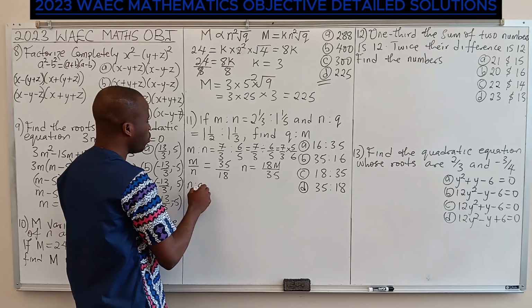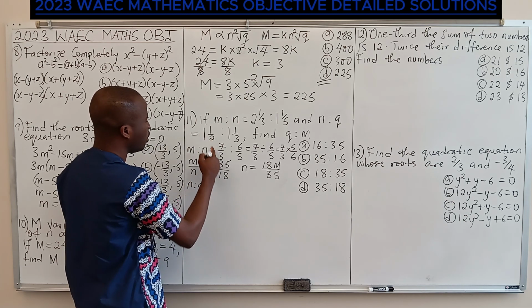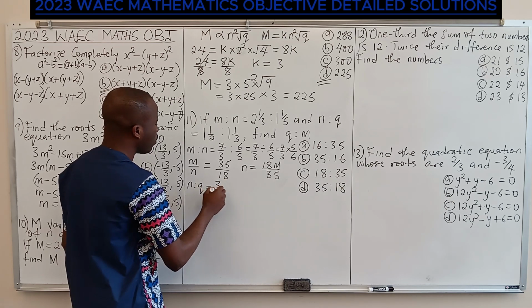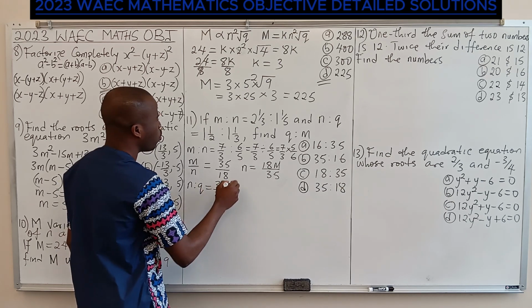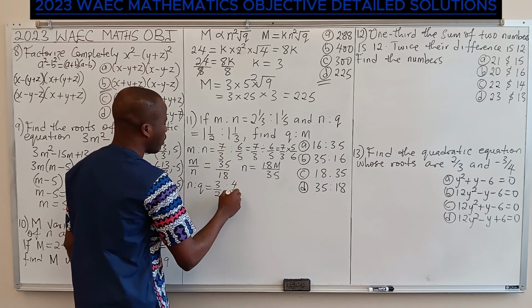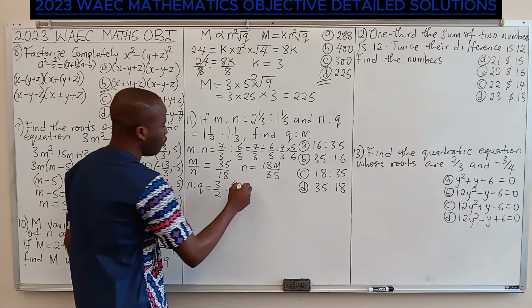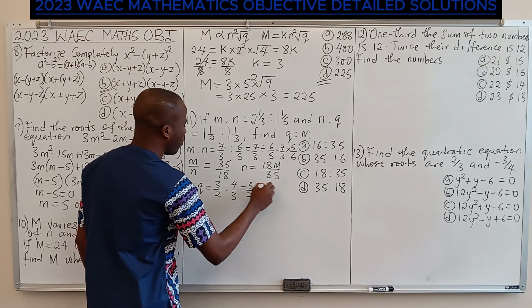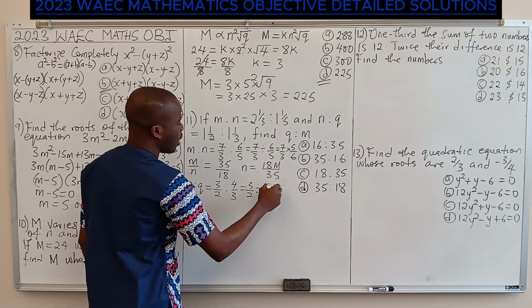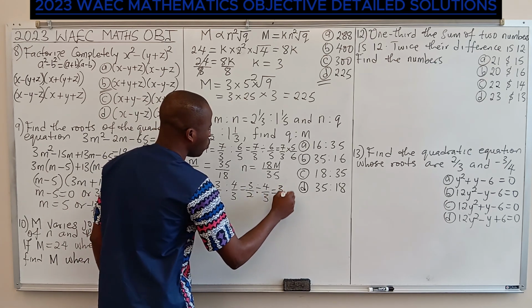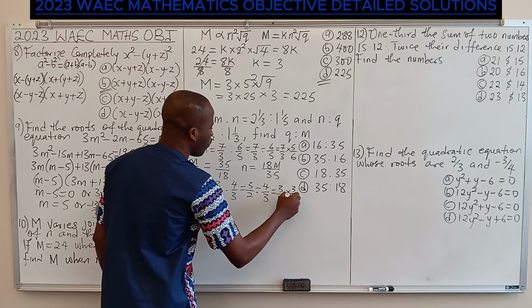N ratio q will be, this is 2 times 1 is 2 plus 1 is 3, 3/2 ratio 3 times 1 is 3 plus 1, 4/3. Ratio is same as division. We'll have 3/2 divided by 4/3. And if you change division to multiplication, you have 3/2 times 3/4.